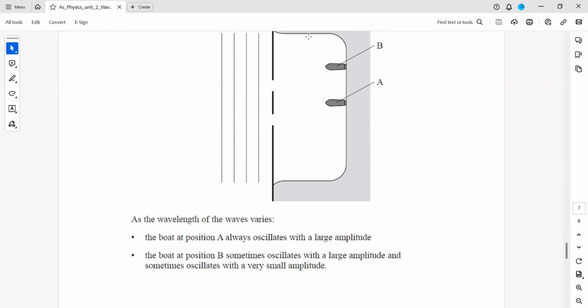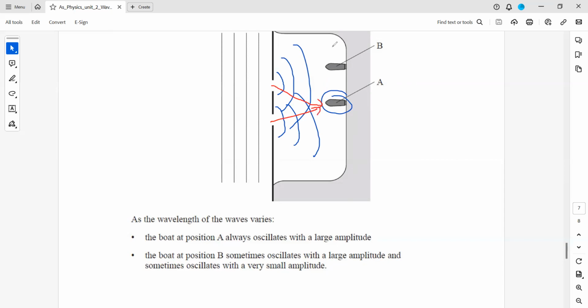Look, when the wave passes through this gap, diffraction will occur. The wave will diffract, but at A the maximum will always be there, irrespective of wavelength, because at A both waves cover the same distance.